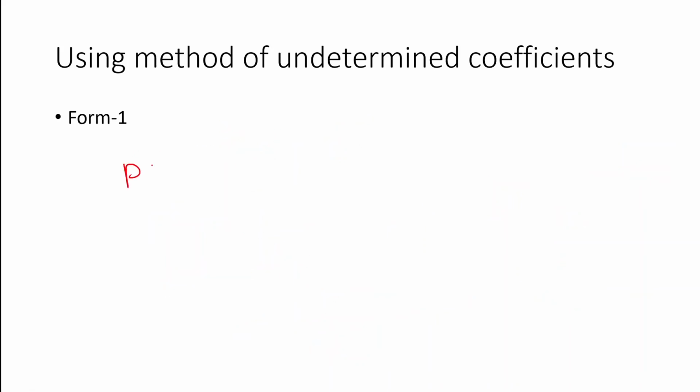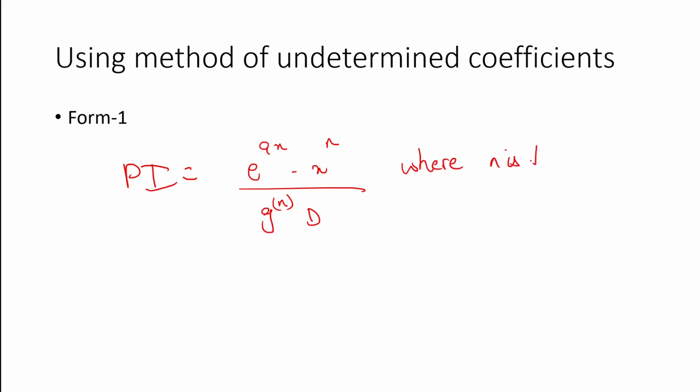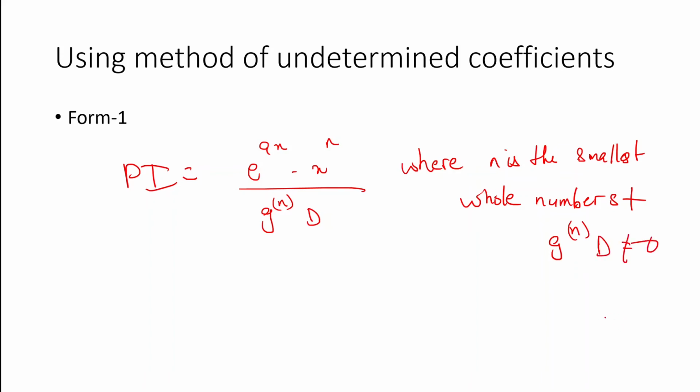The particular integral is equal to e to the power ax times x to the power n divided by the nth derivative of g of D, where n is the smallest whole number such that the nth derivative of g at a is not equal to 0. What does this mean? Say n equals 0, since 0 is possible. If n is equal to 0, that means it's g of D.